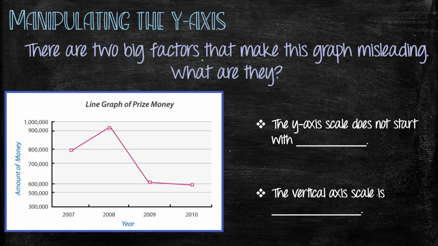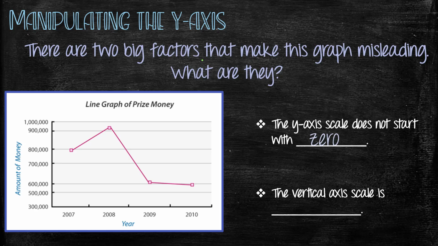Let's see, there's two big factors that make this graph misleading. What are they? Look at the graph. Look at all the pieces. Y-axis scale does not start with 0. Okay, that's a given.